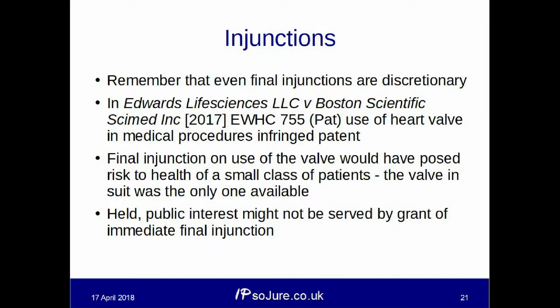It could be that delaying the final injunction to allow these operations to go ahead is all that's necessary. But the point is that an injunction, being discretionary, is subject to this sort of consideration. I think that's a particularly good example of the sort of thing that can cause the judge to exercise his or her discretion. Right, that's all I've got for you here.